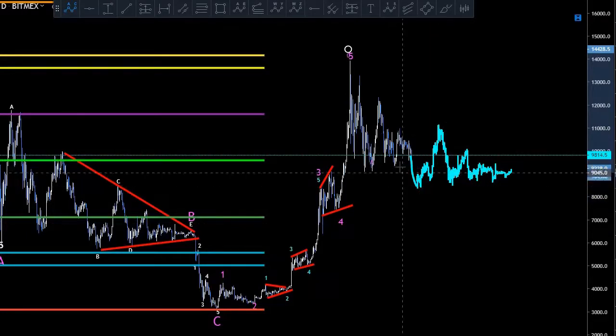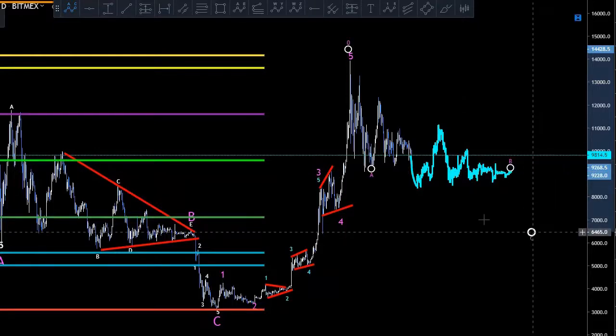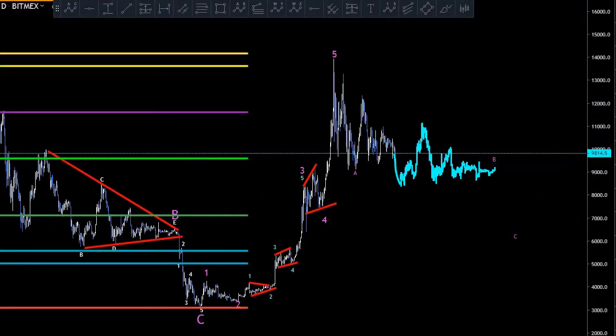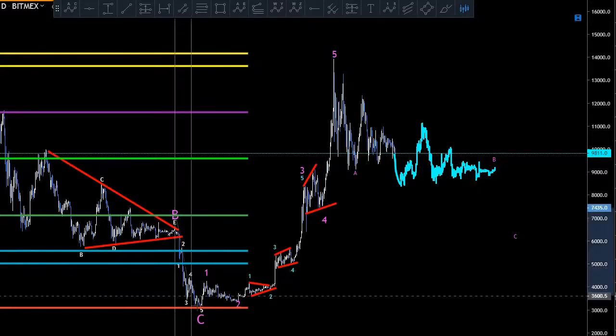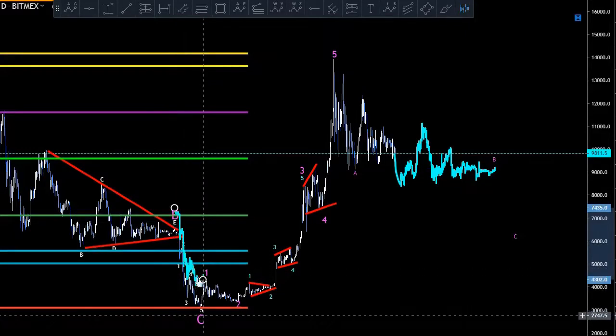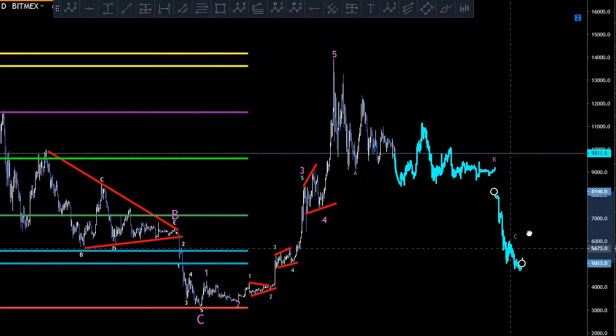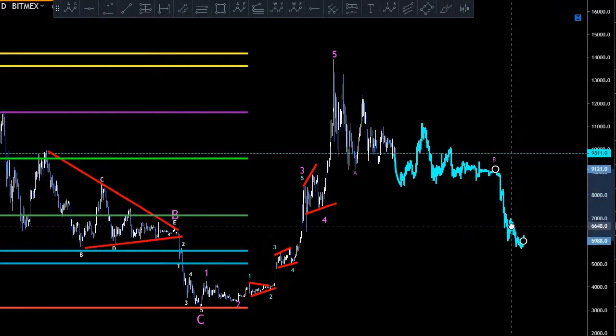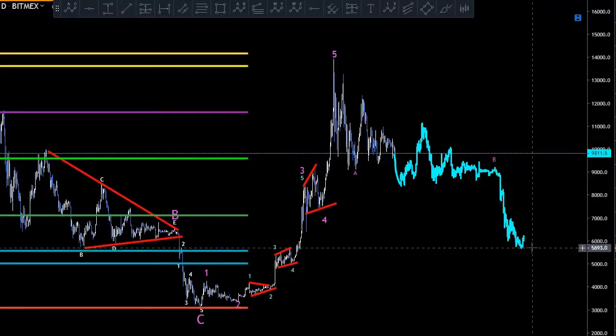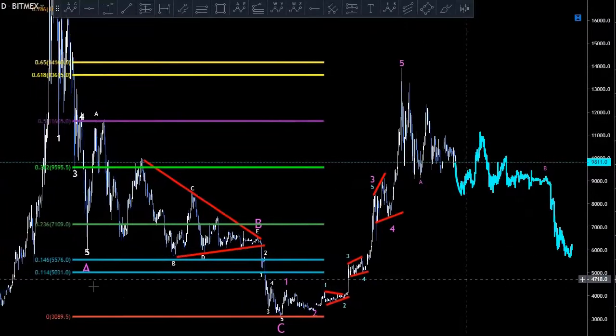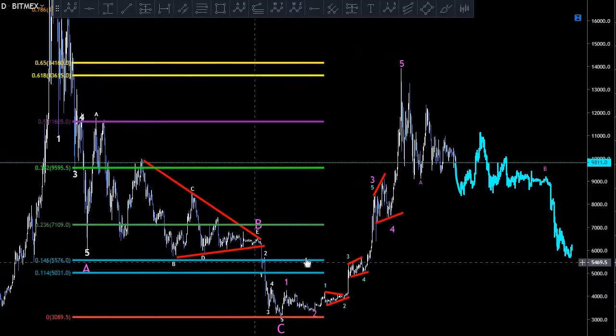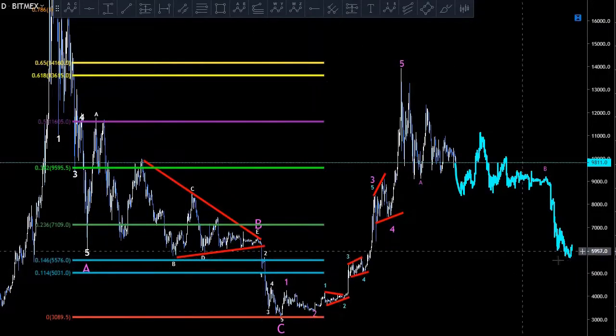And the triangle count is basically A, B, C. And if we get the bars pattern tool and start at the E wave over here all the way to the bottom, the fractal leads us right to the 0.146. Important fib ratios, you know.